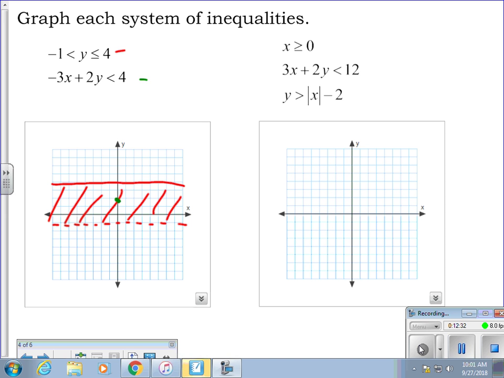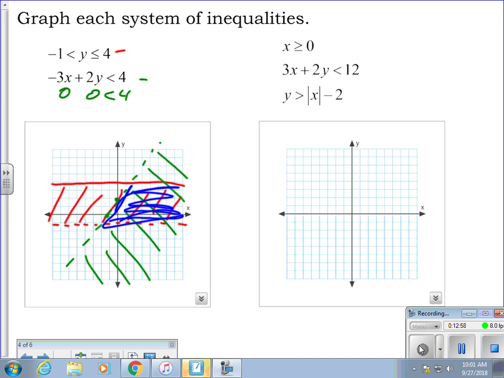Let y be 0, and I get -4/3, which is -1 1/3, so just a little bit past 1 in the negative. And then I have a dashed line for that. And I test the origin, 0, 0, less than 4 is 0, less than 4. Yes, so I shade here. In my joint area, there's this nice little wedge in there.